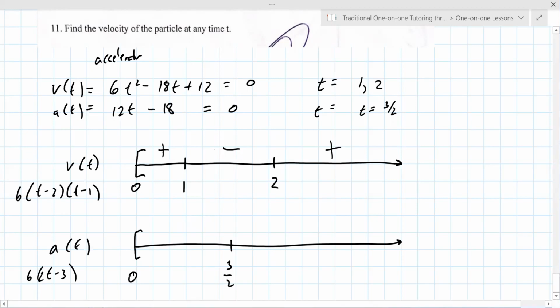So the 0 to 3/2 is negative. Yeah, so maybe try 1 there. And then the other one will be positive.